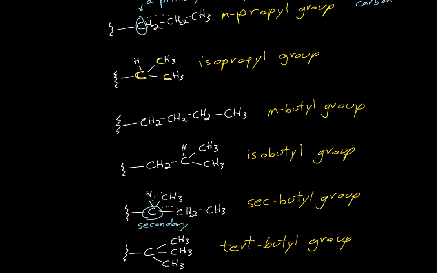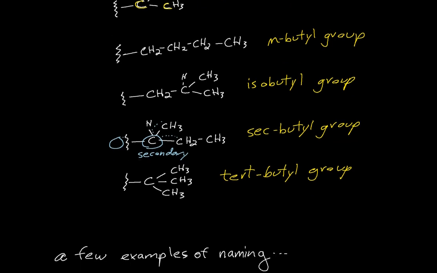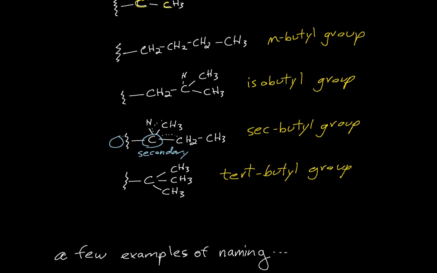And this is not knowing really what's attached over here, okay? So we have to keep that out of this at this moment. Here is a tertiary carbon, because this carbon right here is connected to 1, 2, 3 other carbons. So that's where you get the secondary butyl and the tert-butyl groups.